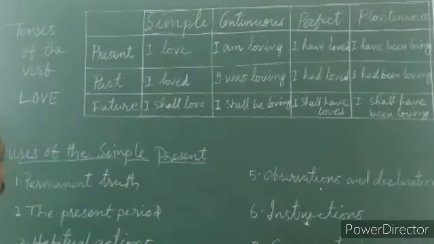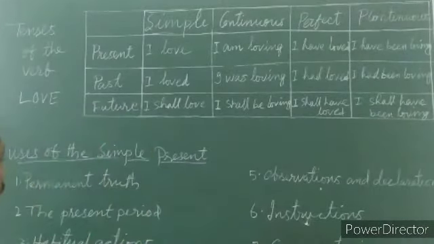Now we will come to the uses of the simple present. They have given 7 uses. First one is the permanent truth. Let's see what example they have given. What is a permanent truth? Truth is something that is a fact.